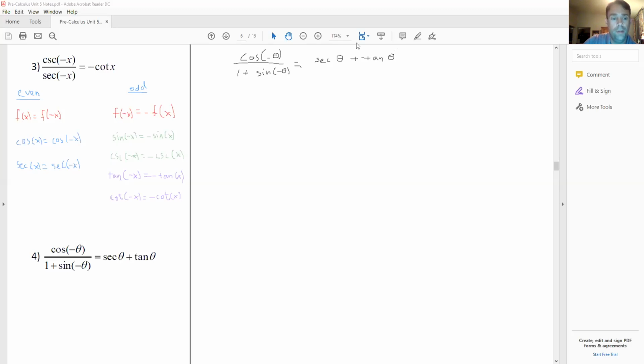All right. So cosine of negative theta, that's an even function. Make my trig substitution there. And then I got 1 plus sine of negative theta. Well, that's an odd one. So I'll make a trig substitution for the odd. So negative sine of theta.